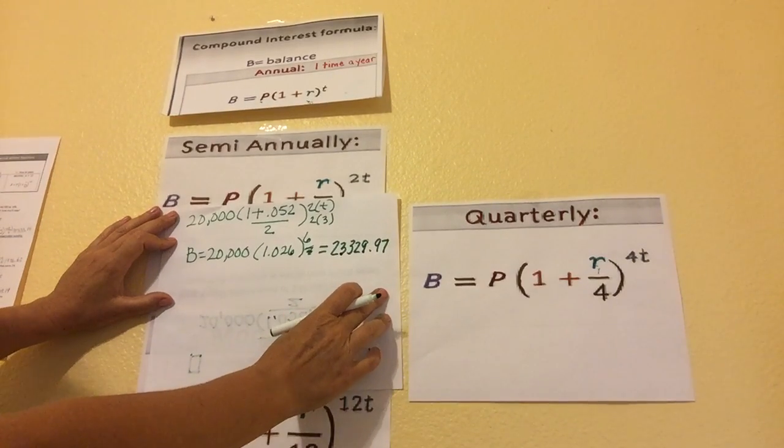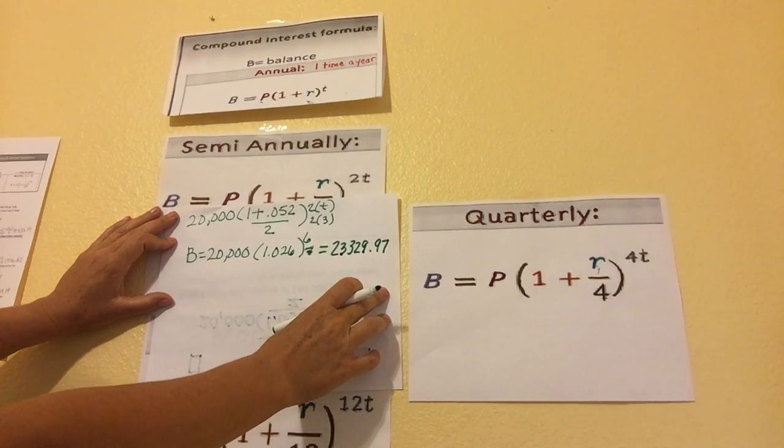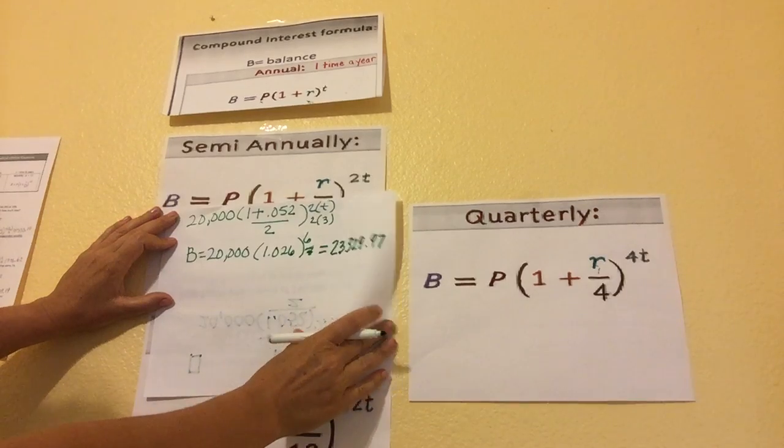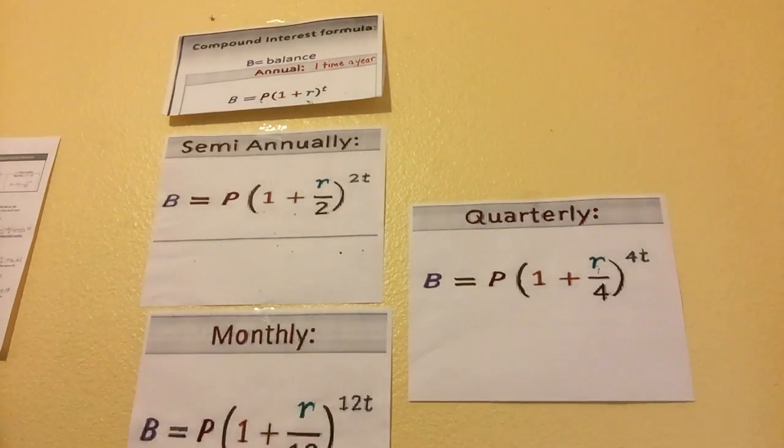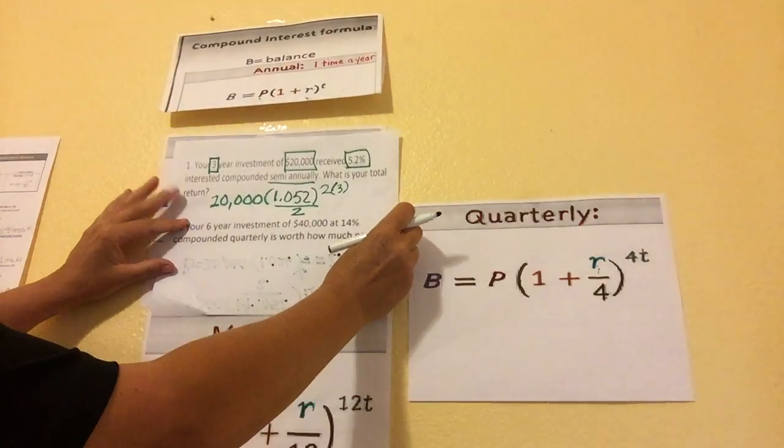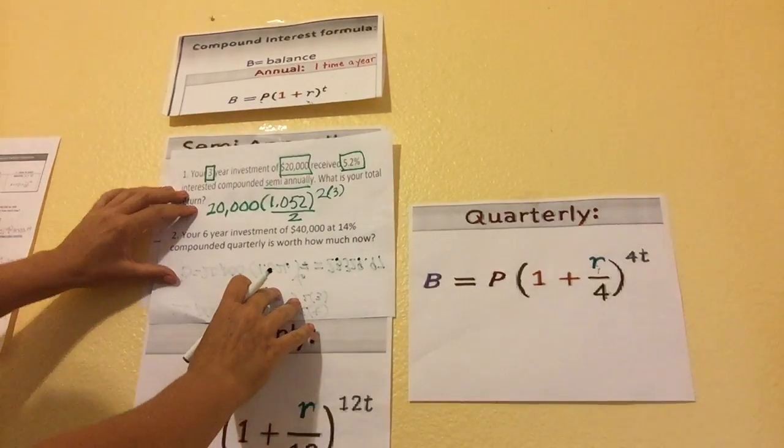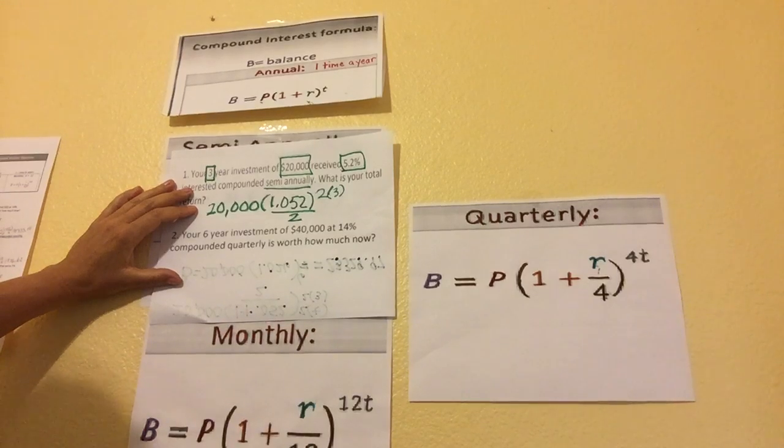Okay? So that's a lot more work than yesterday. Okay? Let's look at number 2. Number 2 says your 6-year investment of $40,000 at 14% compounded quarterly is worth how much?